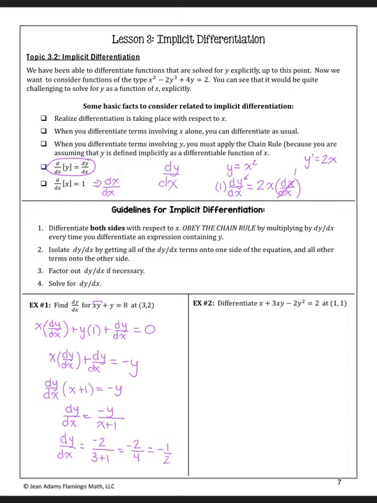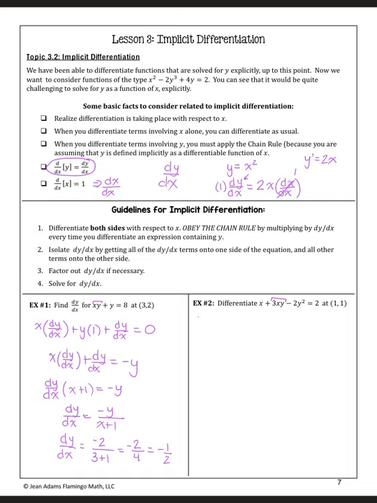Now let's look at example 2. We have x plus 3xy minus 2y squared is equal to 2, and we need to find the derivative at 1, 1. Again, we have a product rule here, the 3xy. So we differentiate, taking the derivative of each piece.